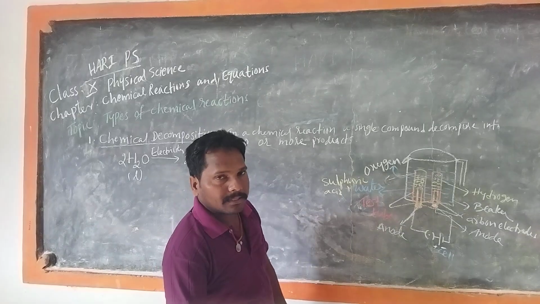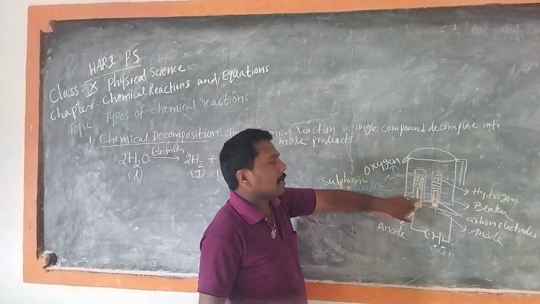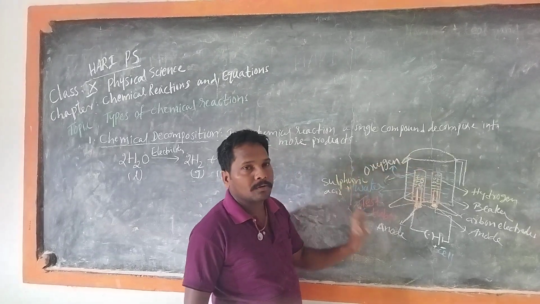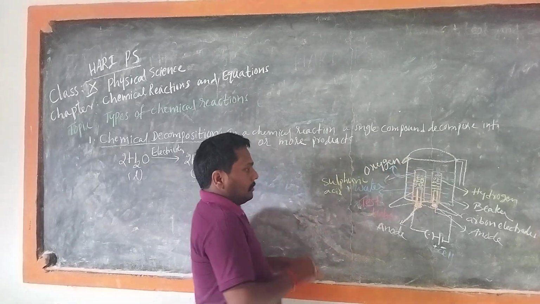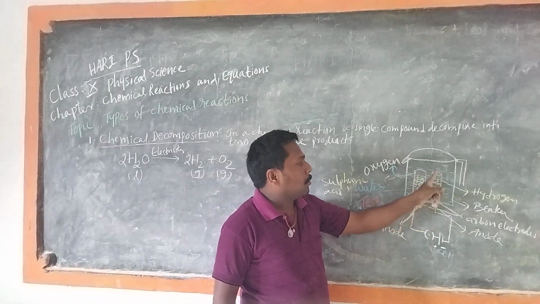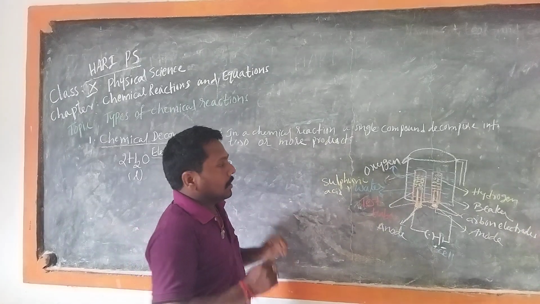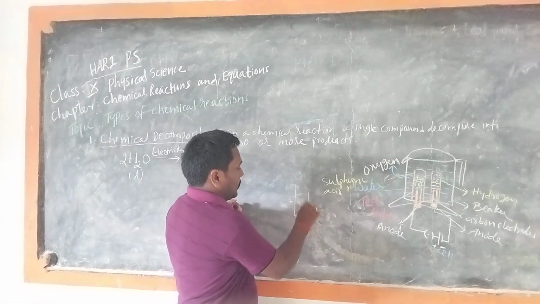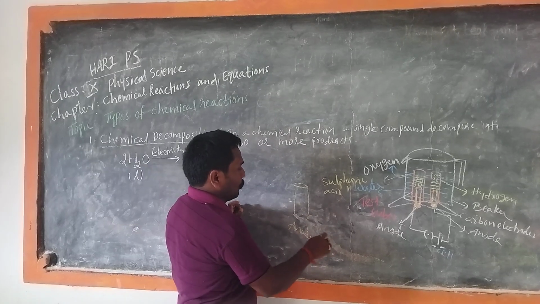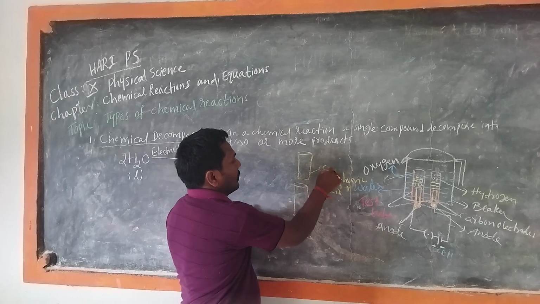If we place a burning matchstick near the test tube which is removed from the anode side, and place a burning matchstick near the mouth of the test tube which is removed from the cathode side, observe carefully. For example, this is a test tube which is removed from the anode, and this is a test tube which is removed from the cathode.